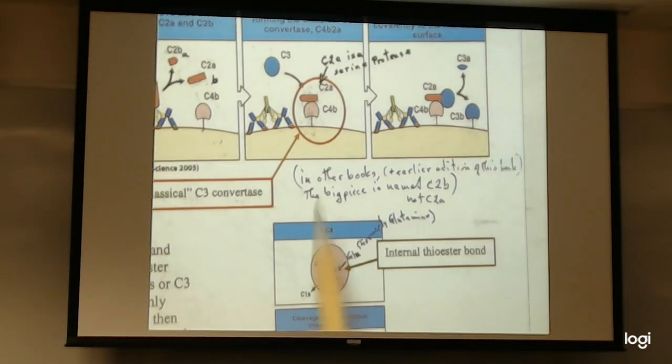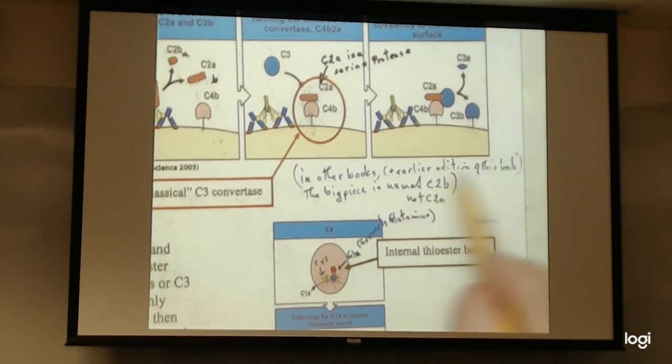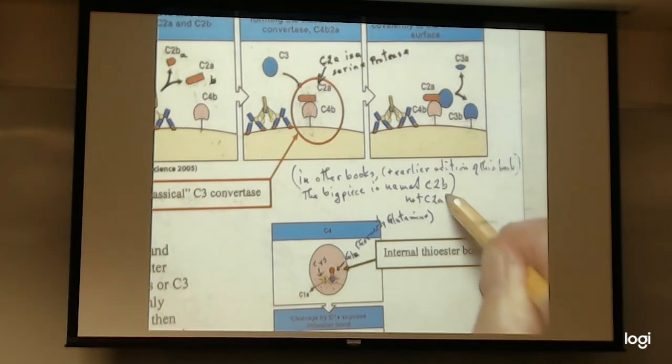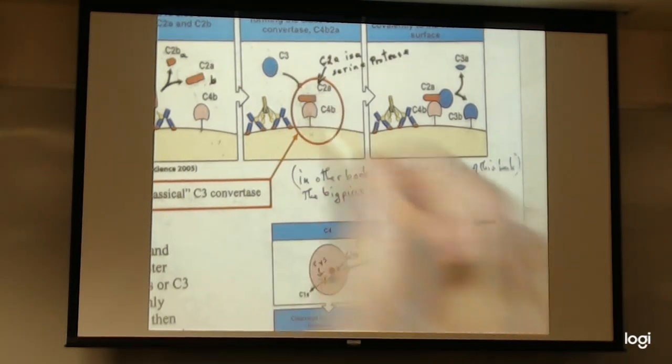I wrote down here that in other books and earlier editions of our book, this big piece was named, in standard convention nowadays, as C2b.